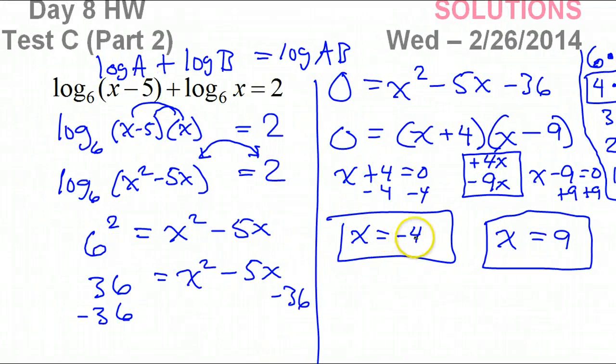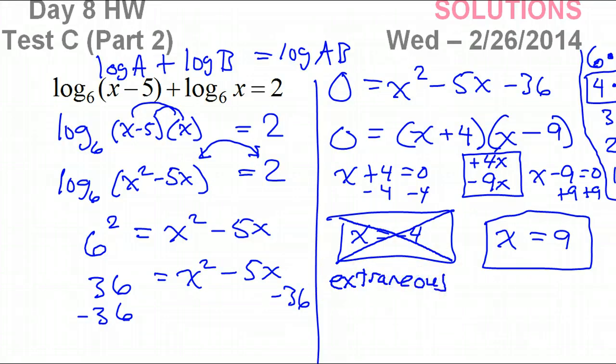Okay, if I put negative 4 in for x, well, right there, that would be the log of a negative number. So that's a no-go. Also, if I put it in here, negative 4 minus 5, that's negative 9. So I'm getting negative numbers when I plug this in. So that means this is not an actual solution because it is extraneous.